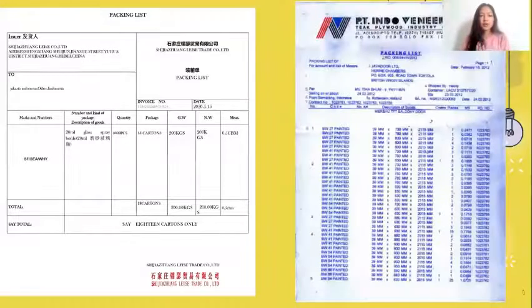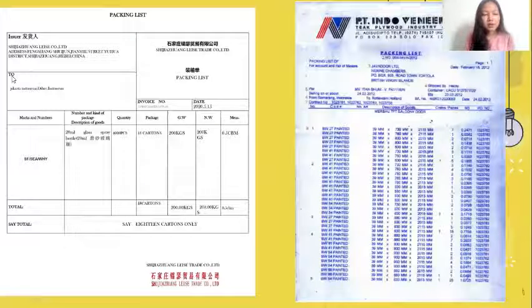And the next packing list is from Sijuan Lei Street. It looks organized, but I don't think all of the information that we need is here, because I don't know why they use issuer, not consignee or buyer.